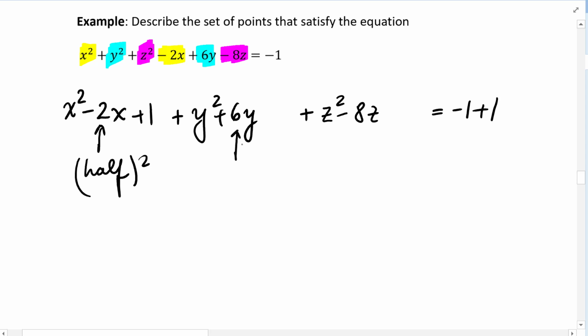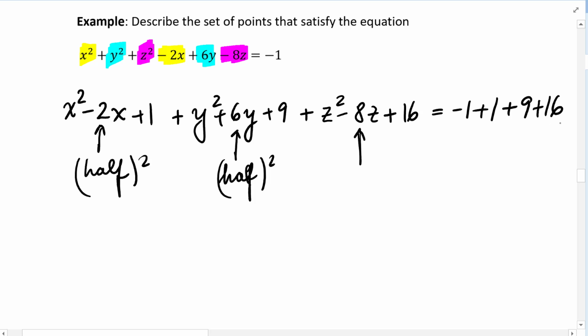Half of 6 is 3, squared is 9, so plus 9 on both sides. Half of 8 is 4, squared is 16, so plus 16.